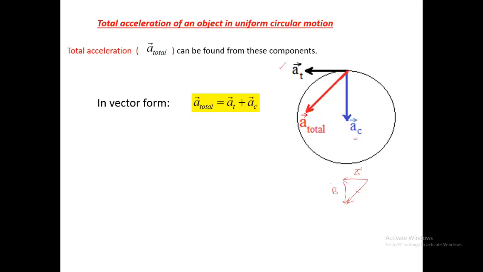Okay, this is B. Now instead of A, you have, for example, here A sub T, tangential, this direction, same direction I'm using, and the second one down, A sub C. This is A sub C, for example. Okay, and this is your resultant, which is the total. Okay, all right.